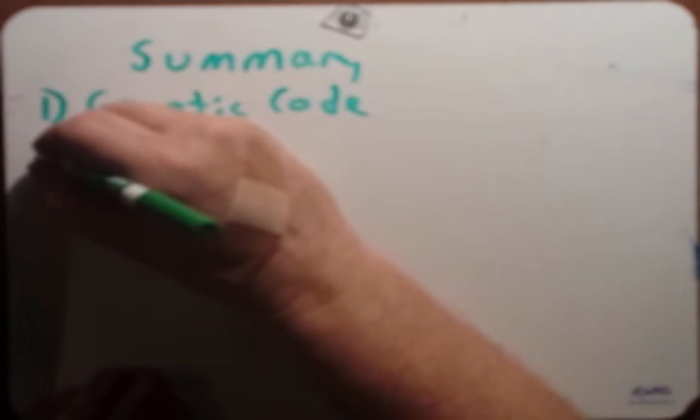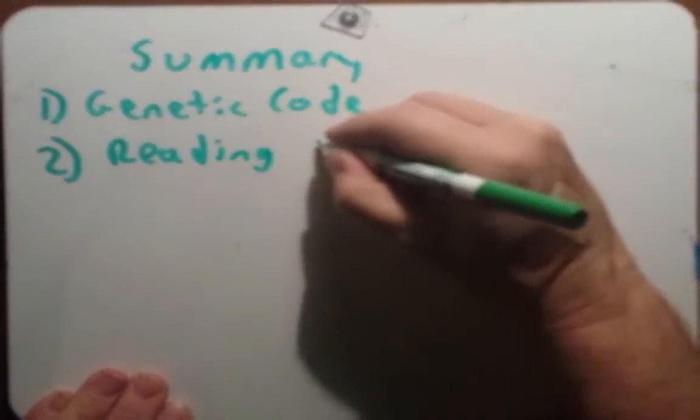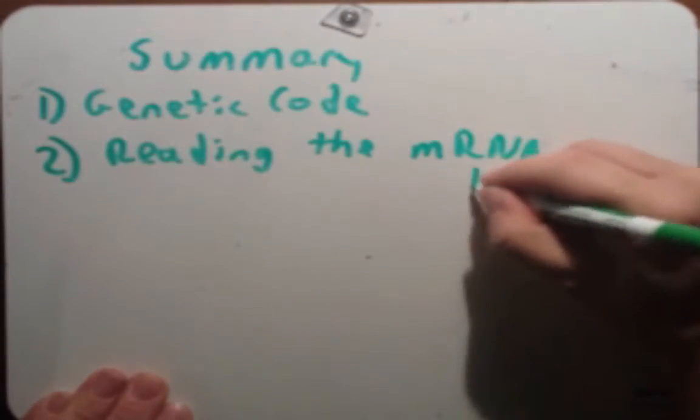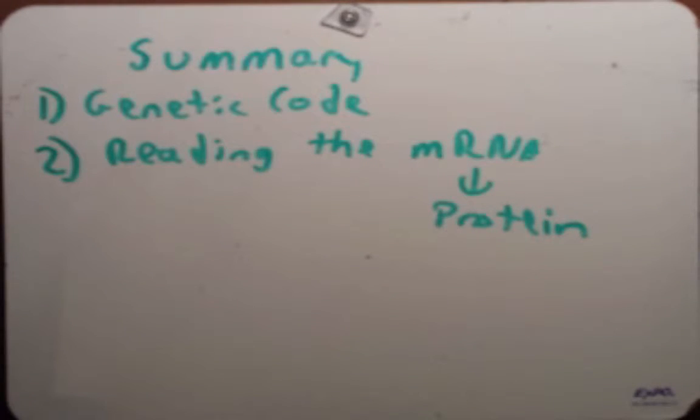Next, we talked about reading the messenger RNA to make a protein. And remember that we had this long nucleotide sequence, and we had to get past that 5' untranslated region. You should also know why that's important. And then we looked for that very first AUG.